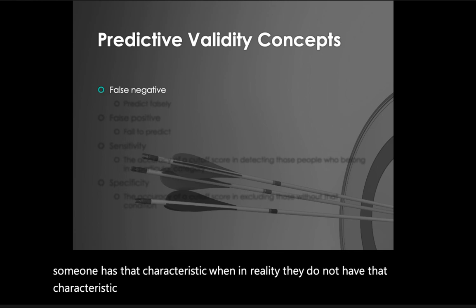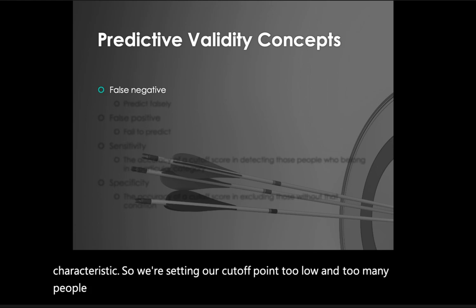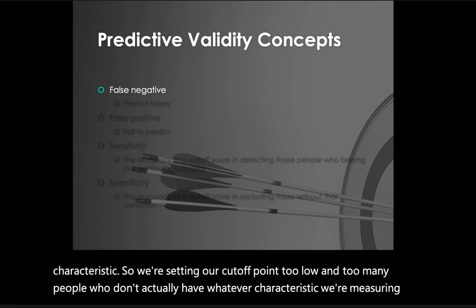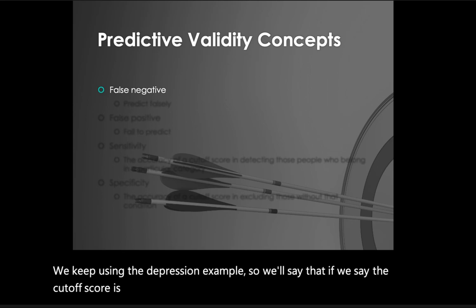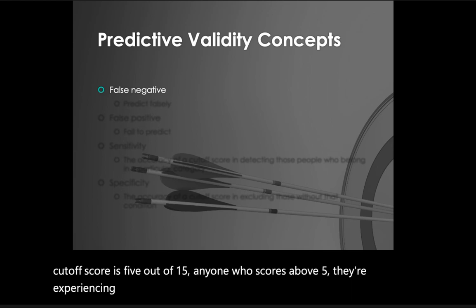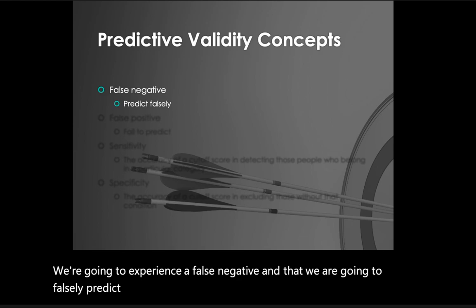So we're setting our cutoff point too low, and too many people who don't actually have whatever characteristic we're measuring are identified. We keep using the depression example, so we'll say that if the cutoff score is 5 out of 15, anyone who scores above 5 is experiencing depression. If that is too low, we're going to experience a false negative, in that we are going to falsely predict that someone has depression when they don't.